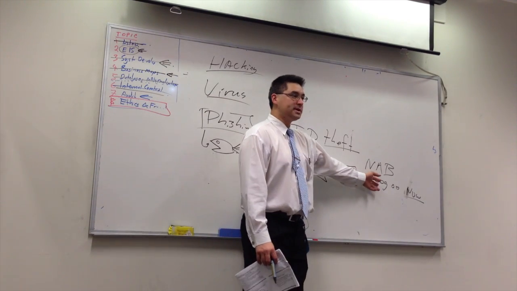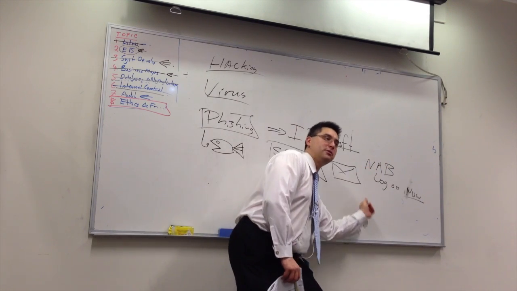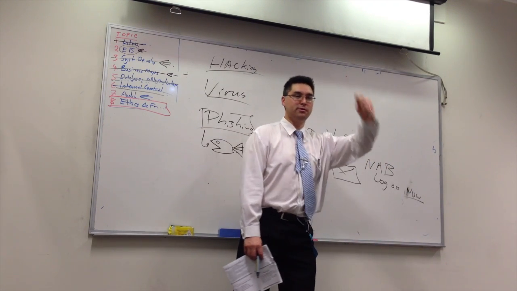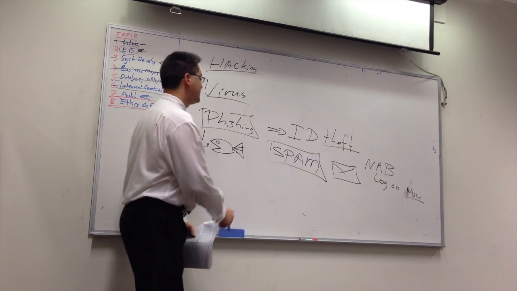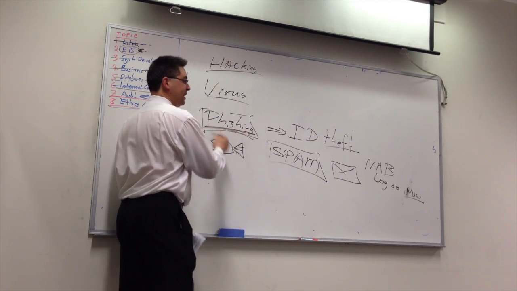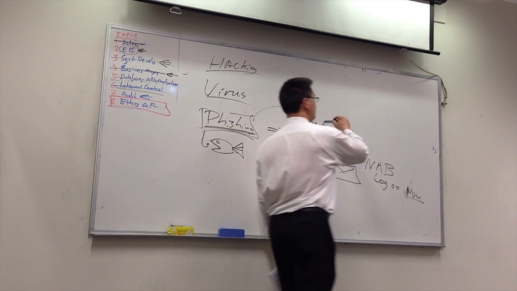Somebody will send you some spam and they'll get you to log on. The first thing you do is you give them your username and password. So they've fished out your details and then they use that to steal your identity, which then steals the money.